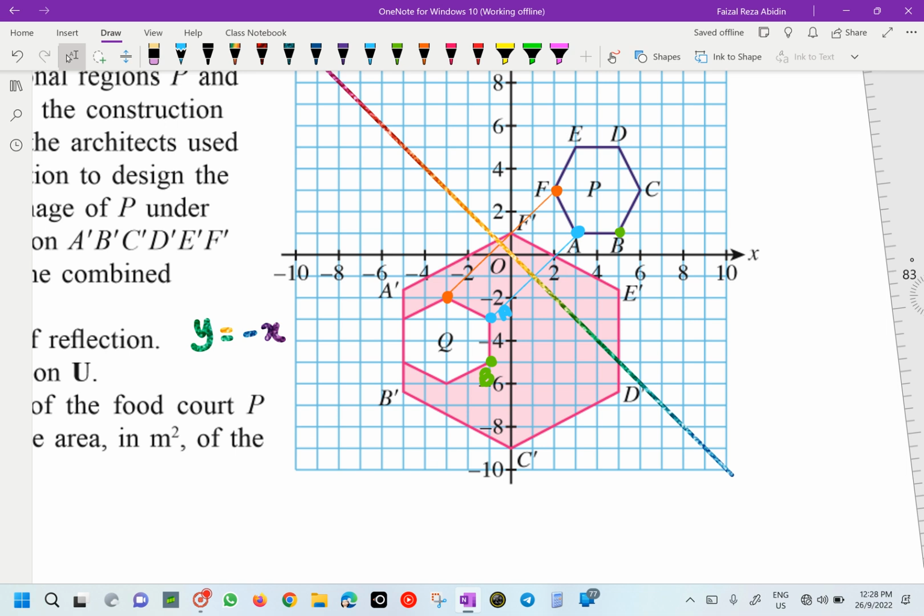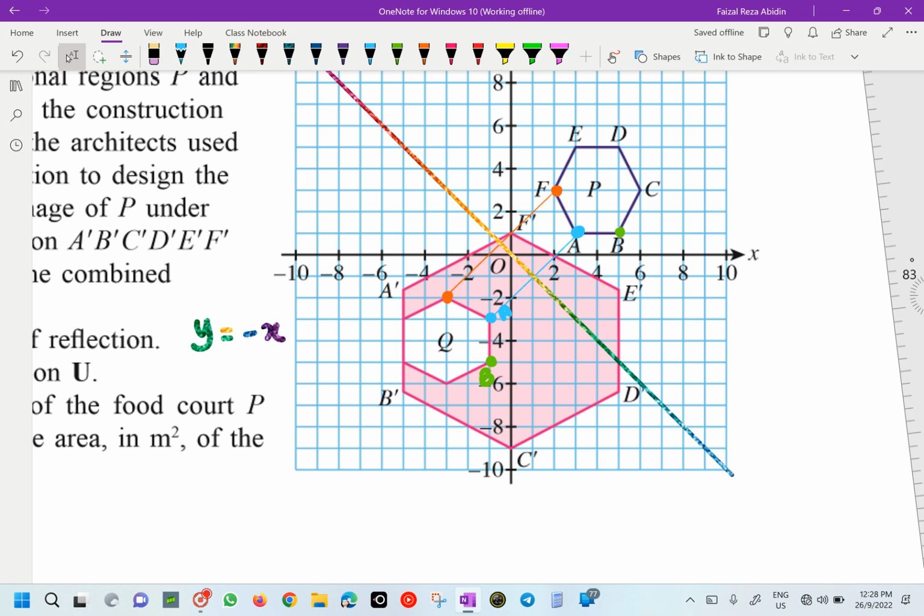Okay. First, P becomes Q, understand? Under what? Reflection. Okay. Where's your AB just now? AB becomes this one. Now, after you have your image Q here, you are going to have your enlargement. But what did you notice over here?